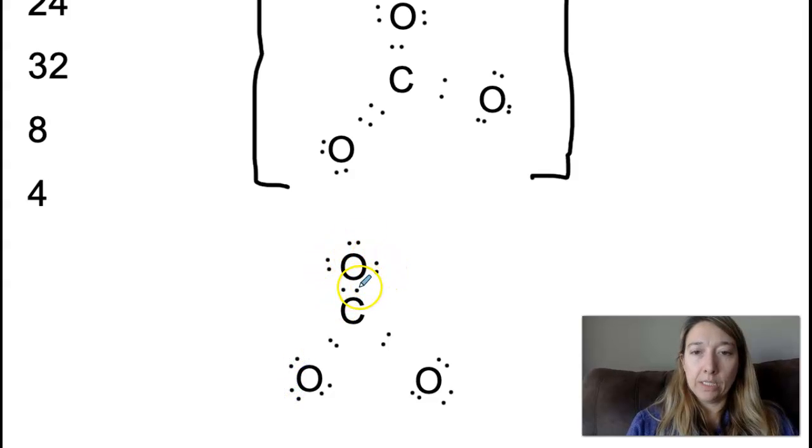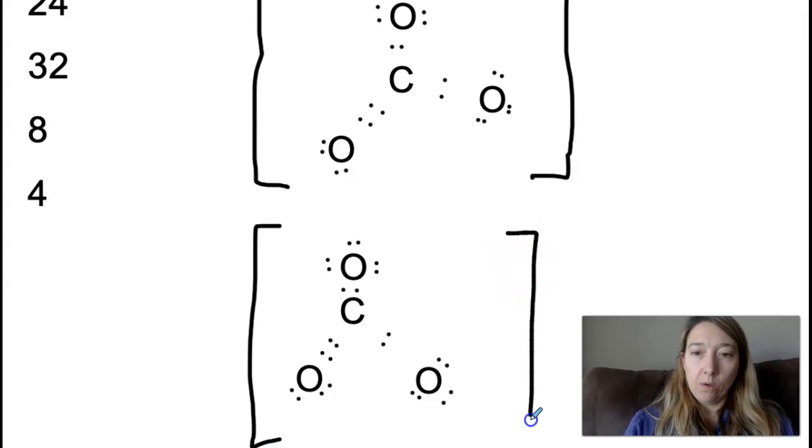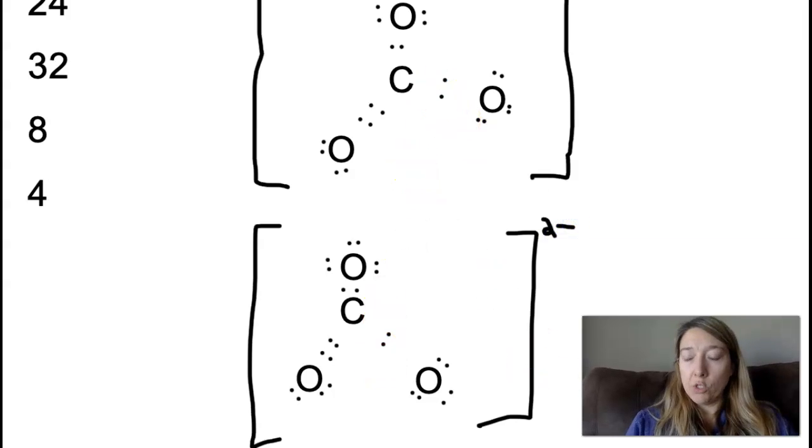So 2, 4, 6, 8, 10, 12, 14, 16, 18, 20, 22, 24. You would have seen that you couldn't add any more, but that your carbon only had 6. So you would have picked a pair to move in and erase out of its previous location, okay? And then same deal, you still would have gone and put square brackets around it with that charge of 2 minus, right? So same diagram, just 2 different ways of getting to that diagram. Like I say, whichever way is your preferred method is the one you should use.